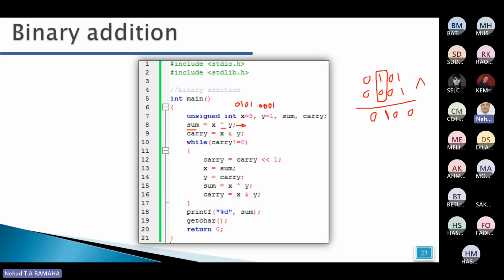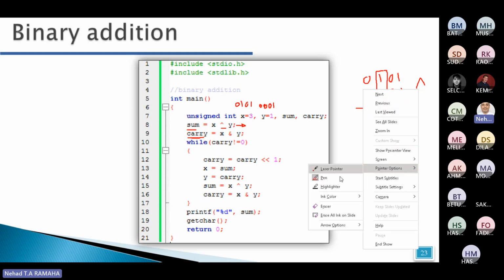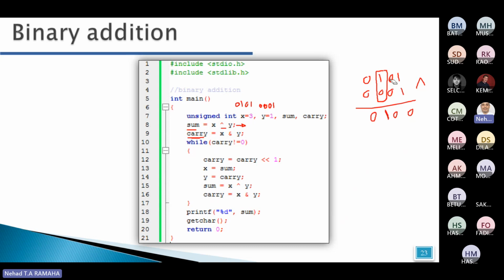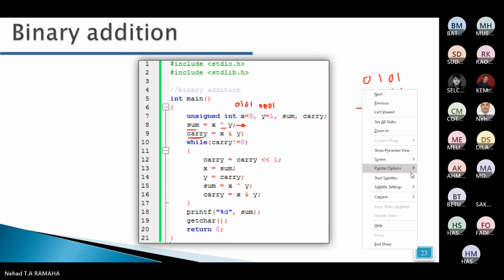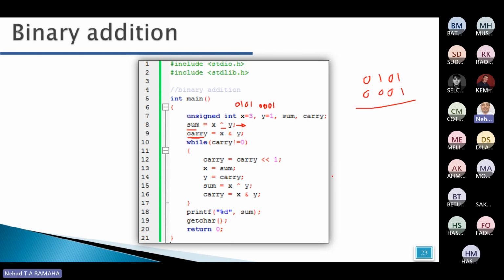The problem is when you have carry. So we have to know if we have carry. How to know if we have carry? By using the AND operator. So same two numbers using AND. What's the result? If the result is not 0, then we have carry.